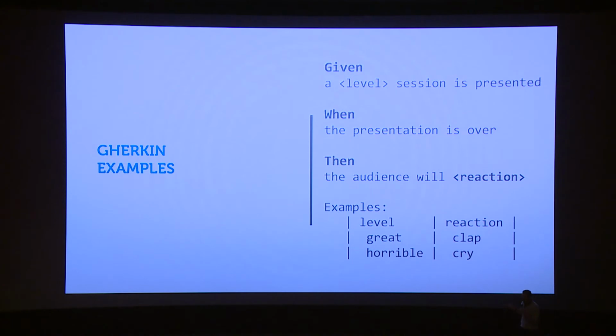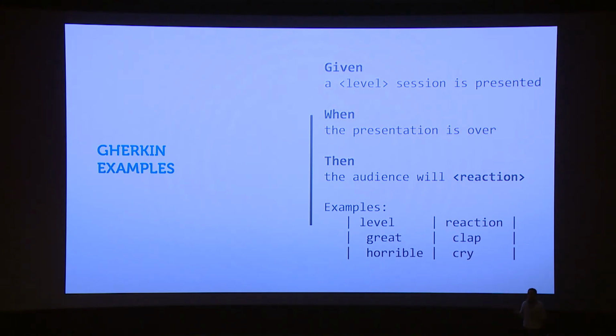But one of the things that's really powerful is the Gherkin examples. Like I said, whenever the conversation between those three amigos starts, people will start having ideas, like what will happen if, and what will happen if something else happens. That is something that these examples can do as well. So in the example on the right, you see some placeholder, given a certain level of presentation is presented.